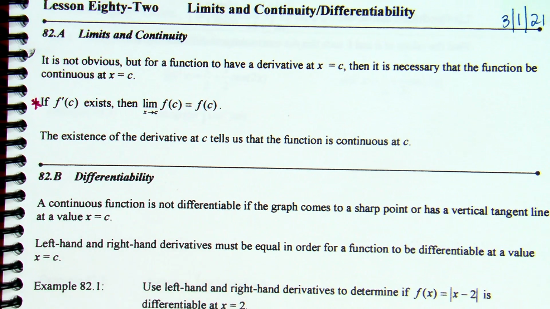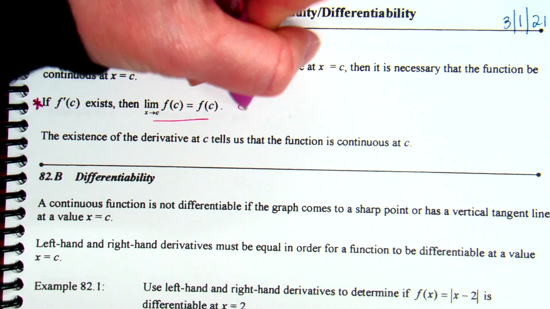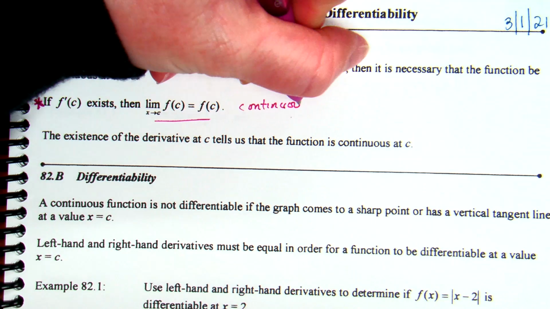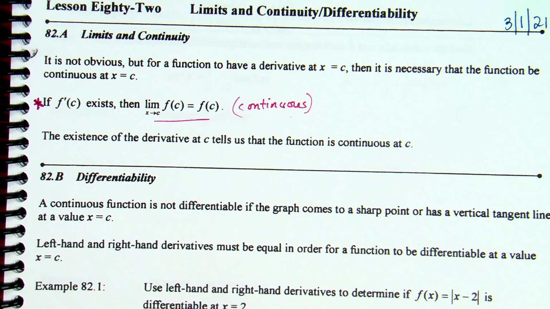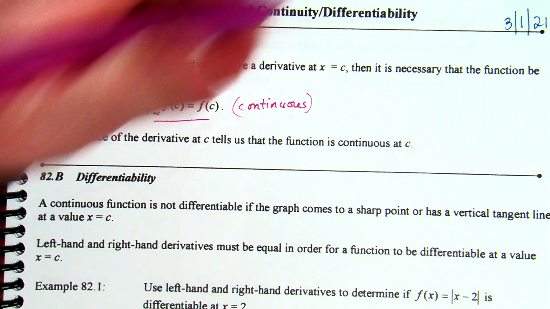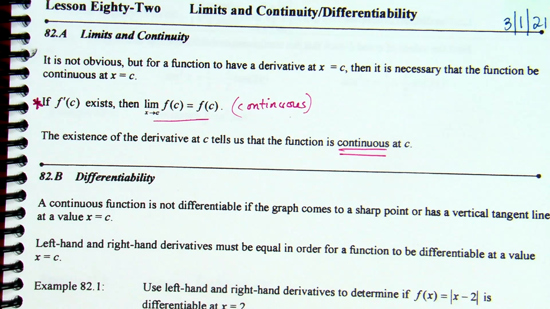So if the derivative exists, this is saying that it is continuous. The existence of the derivative at c tells us that the function is, as I just wrote, continuous. Okay?